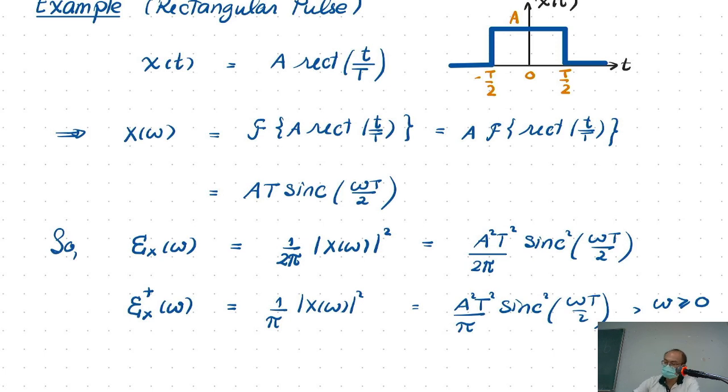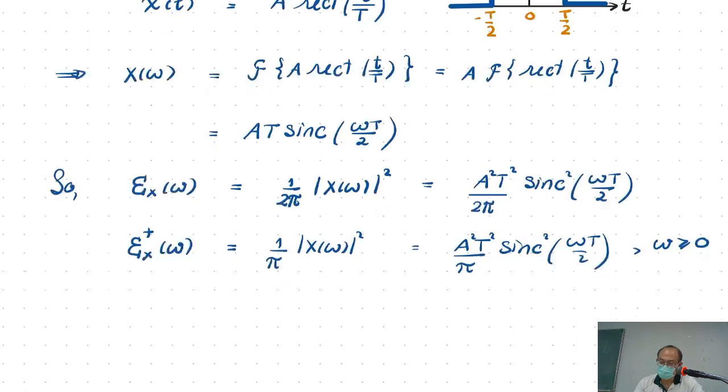Okay, so these two are the energy spectral density of a rectangular pulse signal, right? The top one is both-sided, defined for both negative and positive frequencies, and the bottom one is defined only for the positive frequencies. It is one-sided and both-sided.